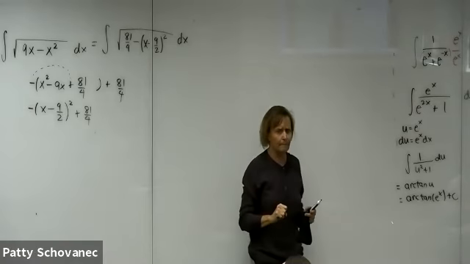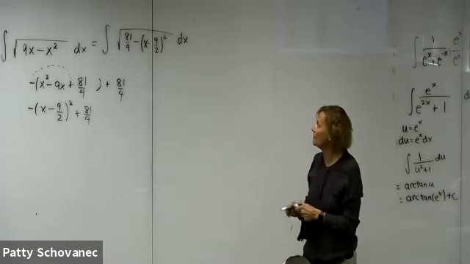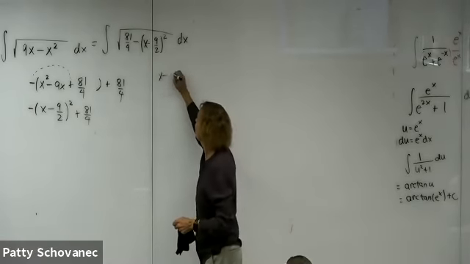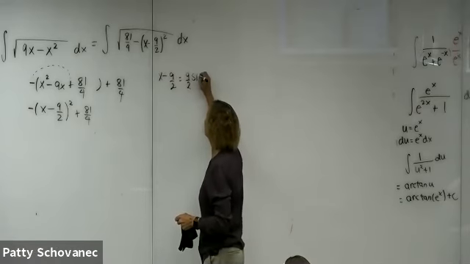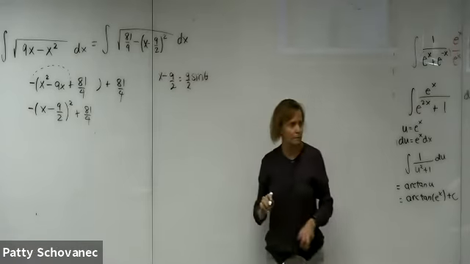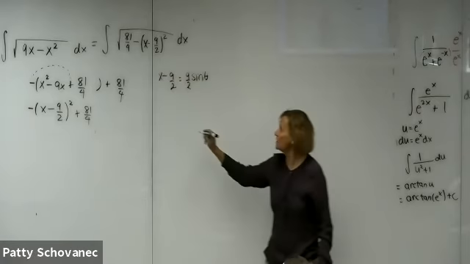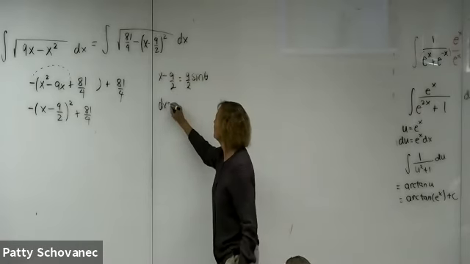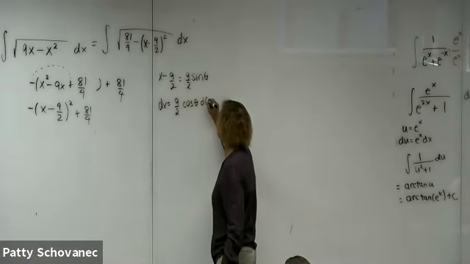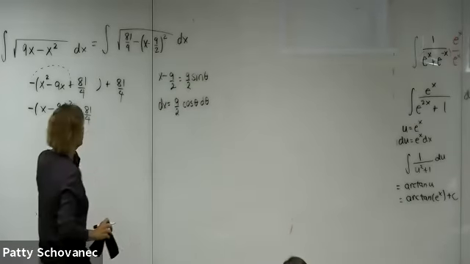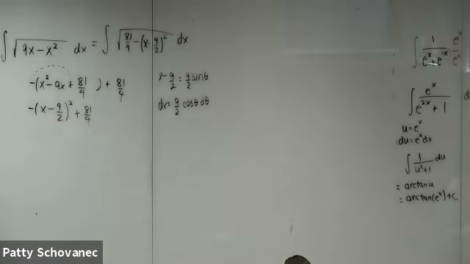What's your trig sub? x minus 9 halves equals 9 halves sine theta. And so dx is 9 halves cosine theta d theta. So see if you can write that as some sort of cosine squared integral.